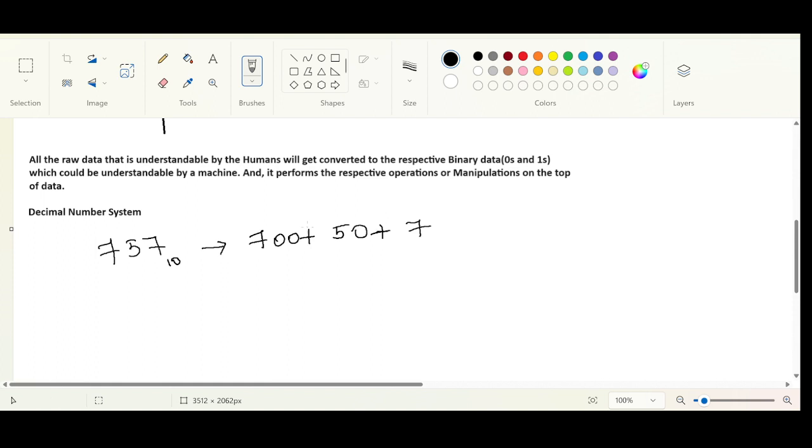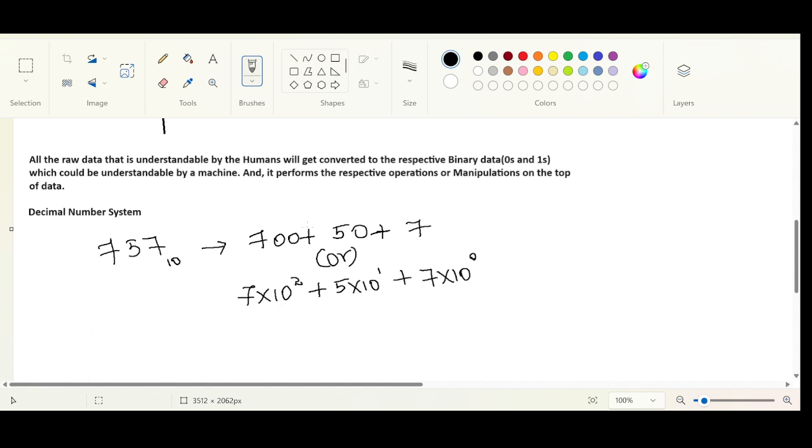I can also mathematically rewrite this as 7 into 10 to the power of 2, plus 5 into 10 to the power of 1, plus 7 into 10 to the power of 0. You can see that the significance of the power is increasing from left to right.